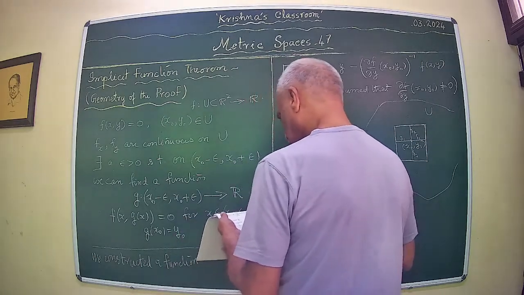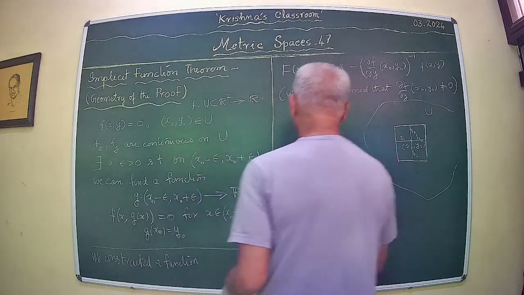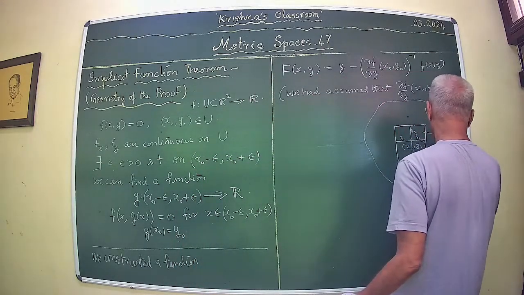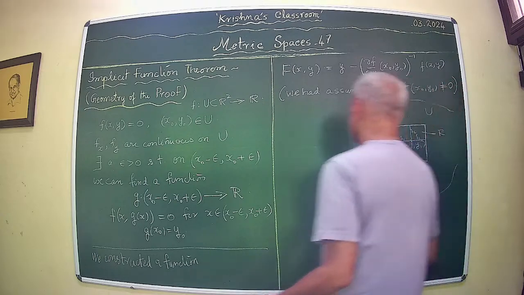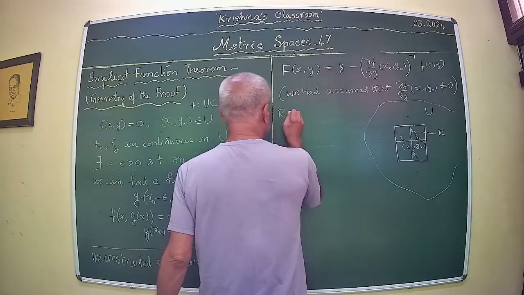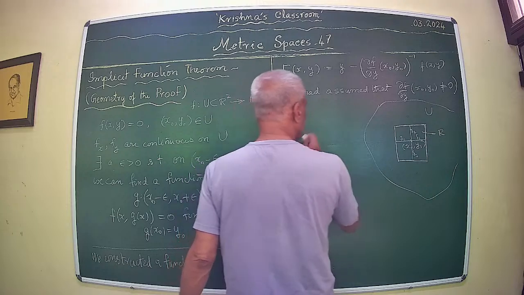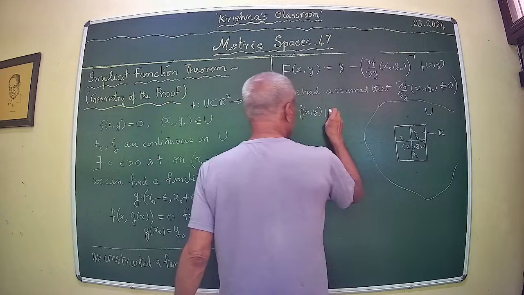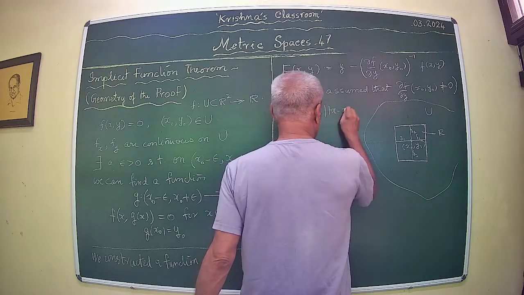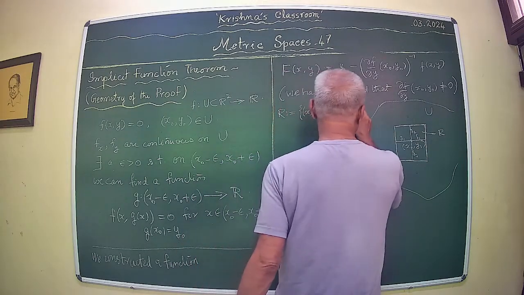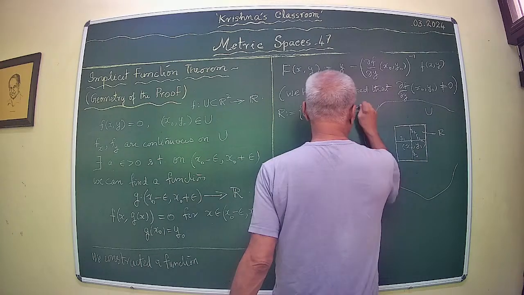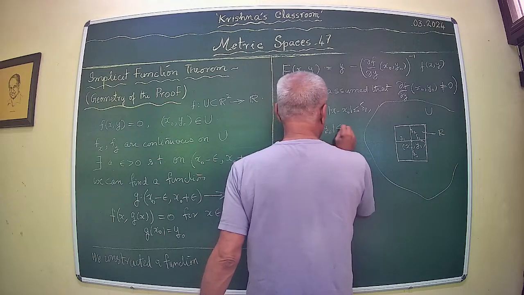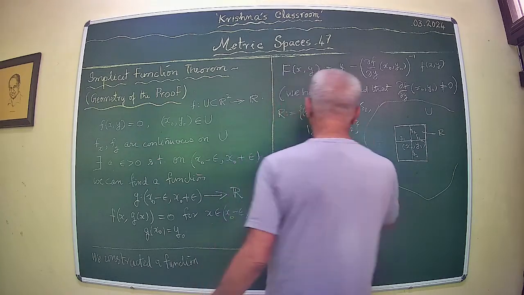Specifically, suppose I call this rectangle R. Suppose R is mod x minus x0 less than or equal to delta 1, mod y minus y0 less than or equal to delta 2.